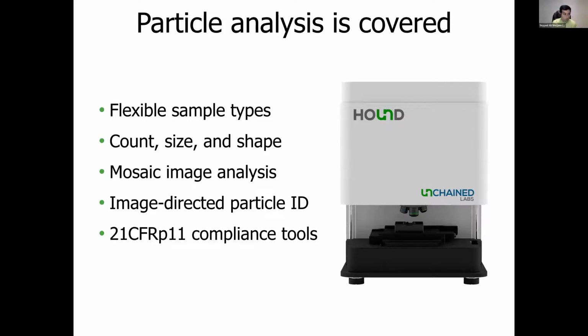For the customers who need to be compliant with the 21 CFR Part 11 regulations, Hound is compliant with these specific regulations. All in all, Hound has everything about particle analysis covered. So next time that you notice particles in your samples, you can relax with the Hound.